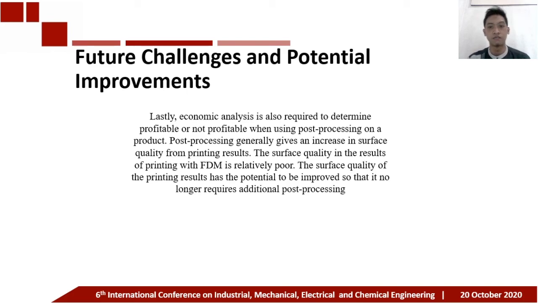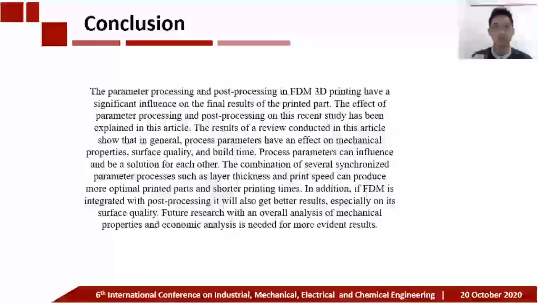Post-processing generally gives an increase in surface quality of the printing result. The surface quality of printing results with FDM is relatively poor. The surface quality of the printing result has the potential to be improved so that it no longer requires additional post-processing.